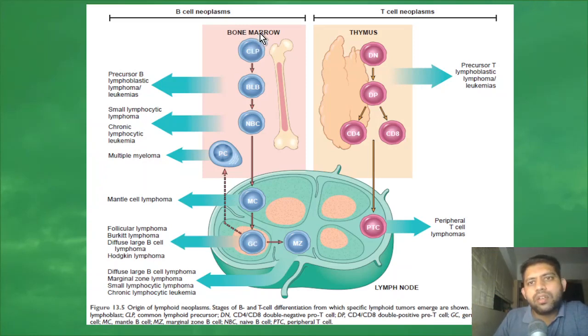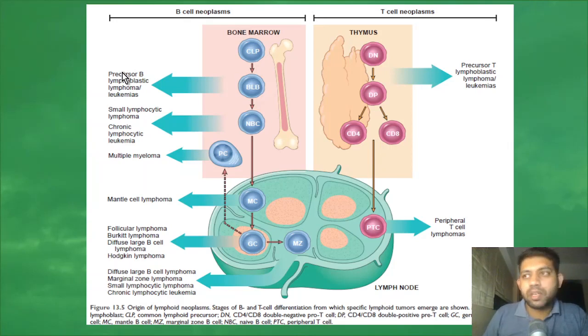Now here, B cells, as we all know, are derived from bone marrow, and T cells are from the thymus. When early precursors of B cells become neoplastic, it is called precursor B cell lymphoma, or ALL, basically acute lymphoblastic leukemia lymphoma.